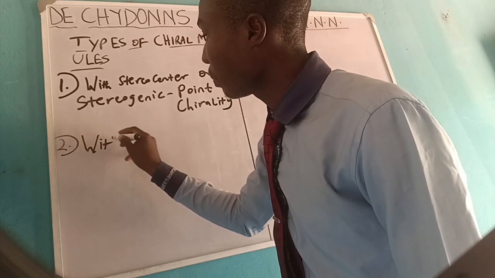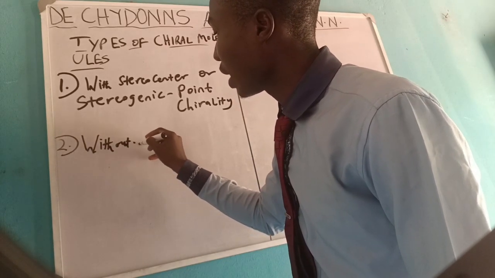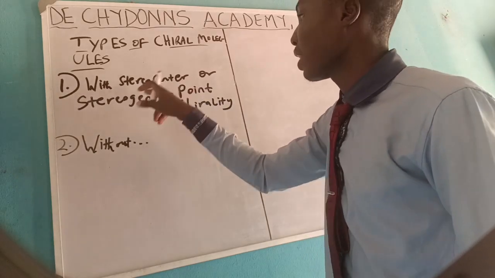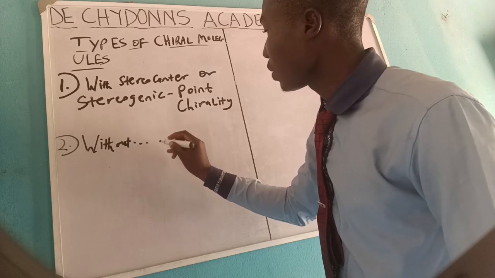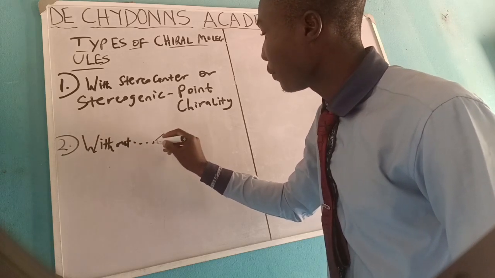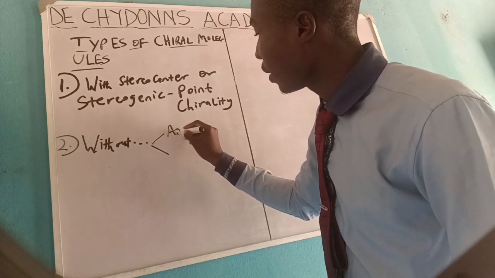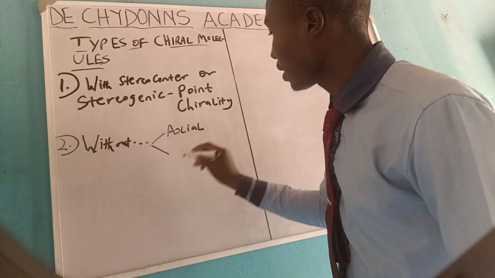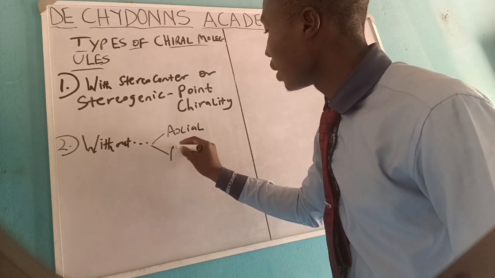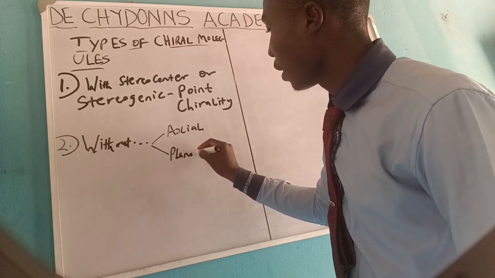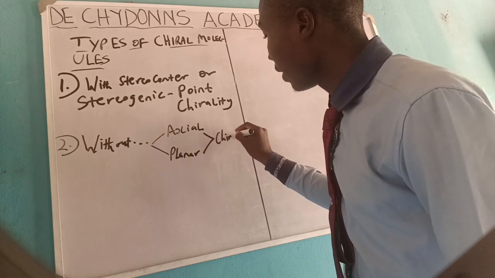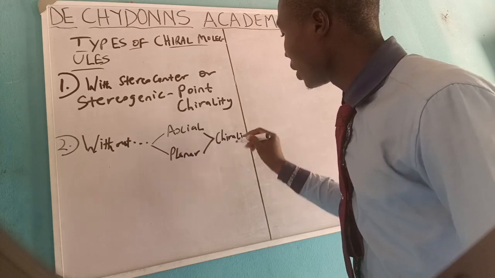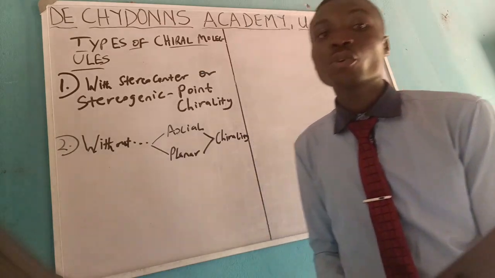What I mean by without is without stereocenter or stereogenic center. Of that, we have two types. We have the axial and we have the planar. We have the axial and the planar chirality. So these are the two types of chiral molecules we have.